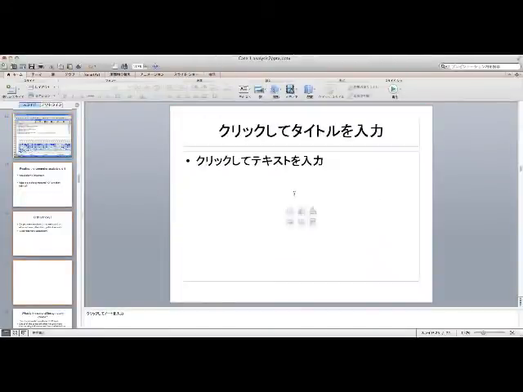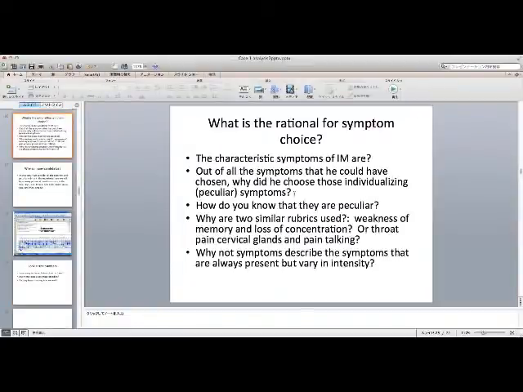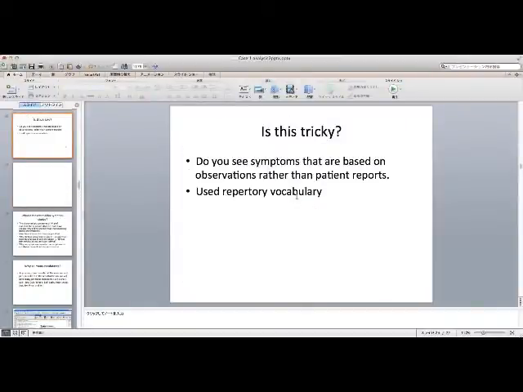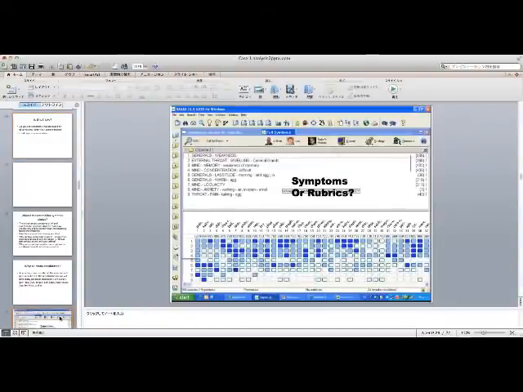I'm going to ask some more questions about these, but later. What is the rationale for the symptom choice? We've gone over in the discussion what the characteristic symptoms of IM are. Out of all those symptoms he could have chosen, why did he choose the individualizing or the peculiar symptoms? Now, how do you know which symptoms are peculiar? Let's look again at the repertorization.